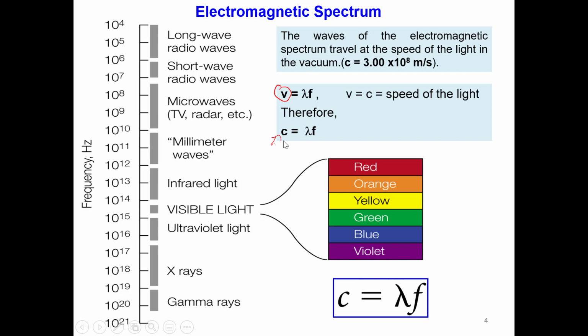Then the equation we can use to describe any of the waves of the electromagnetic spectrum is c equals lambda multiplied by the frequency, where c is the speed of light in vacuum, lambda corresponds to the wavelength of any of these waves, and f is for the frequency of any of these waves.